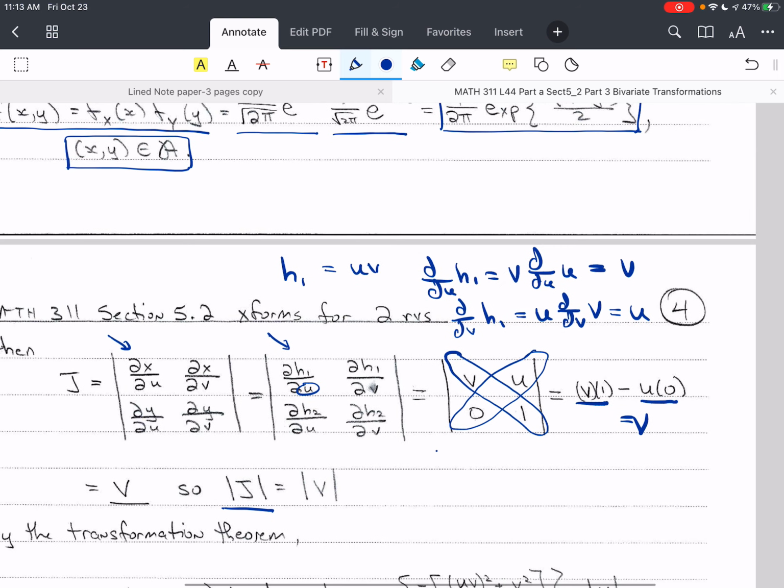And so we have v is equal to our Jacobian. Now, again, we need the absolute value of the Jacobian, so we have to take the absolute value of v. Now, v is between negative infinity and positive infinity, so we cannot remove the absolute value.